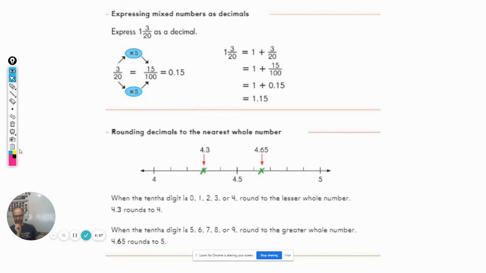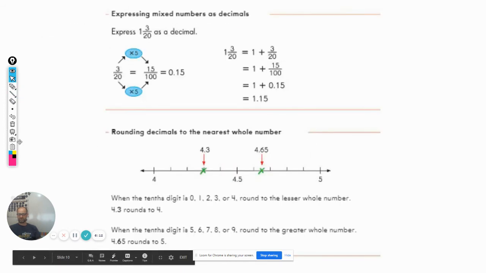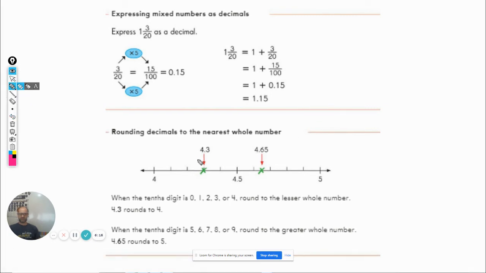Now, rounding. Again, this should be review. If you're rounding to the nearest whole number, you've got to look at the digit after the whole to see what you're going to do.